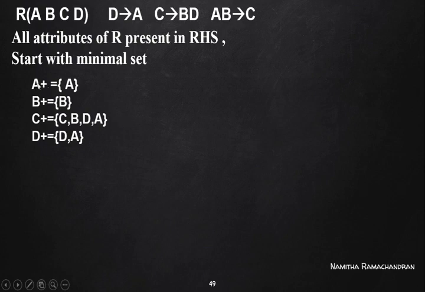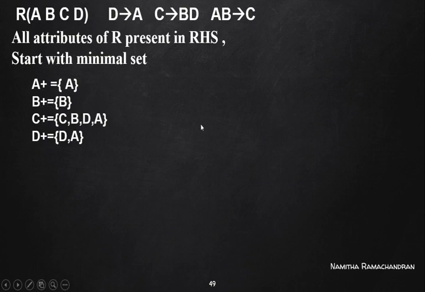But A, B and D cannot identify all the attribute values uniquely. A closure contains A only, B closure contains B only, D closure contains D and A only. Okay, so from this it is clear that C alone is a candidate key.